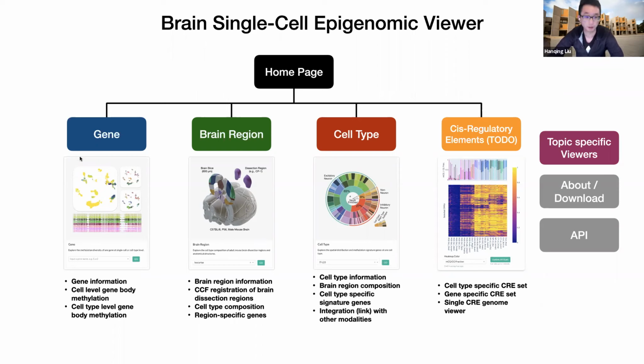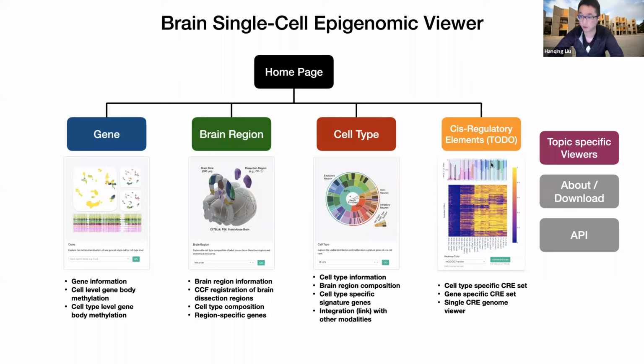We can show the profile of certain genes, their different methylation levels at different cell types, or the cell type composition of certain brain regions, or cell types with their brain region distribution and their marker genes.